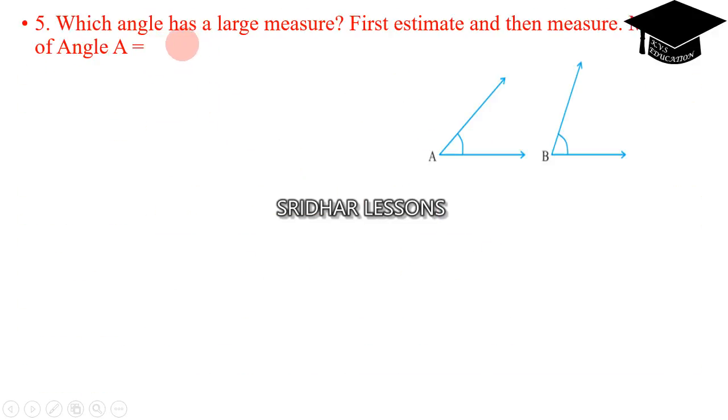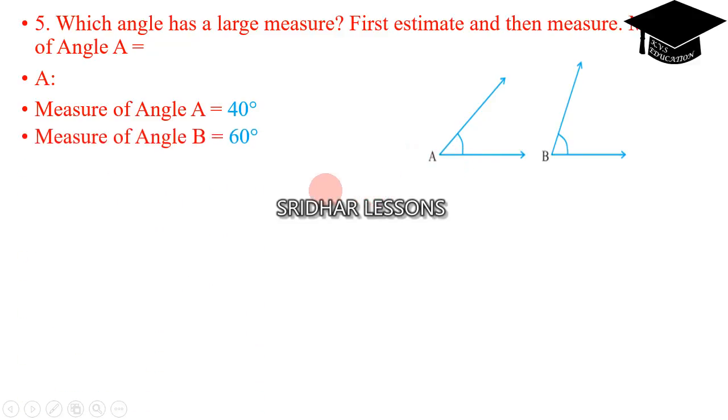Question number 5. Which angle has a larger measure? First estimate and then measure. Measure of angle A. When I measured with the protractor, it is 40 degrees, and this other one is 60 degrees.